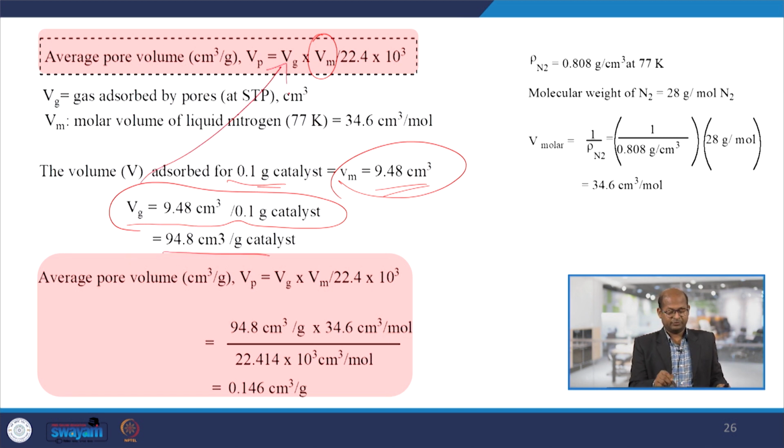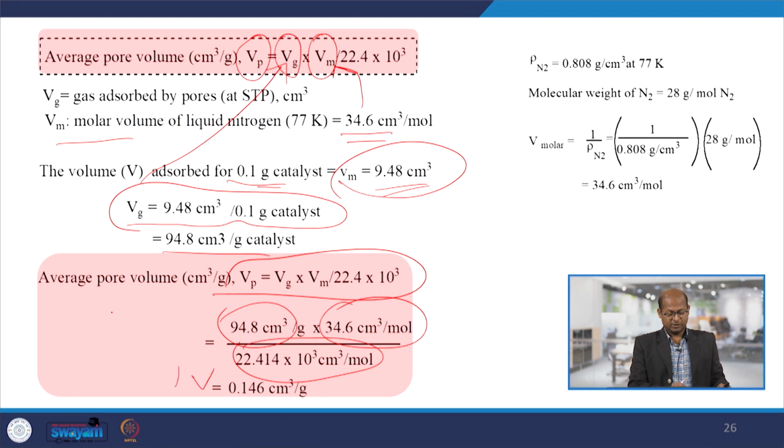That Vg we can put here, and the molar volume of nitrogen is this. Vg is the amount of gas adsorbed. So, then the total average pore volume we can find out by using these equations.